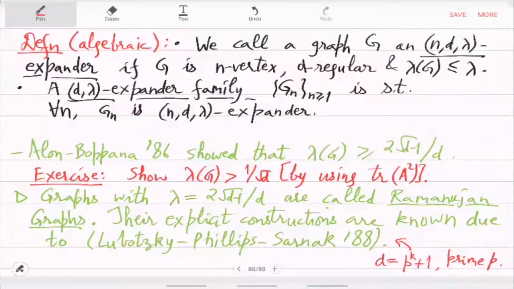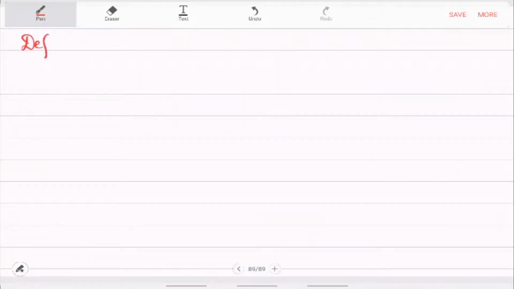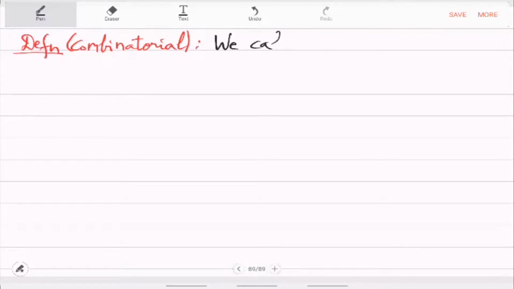Instead, what we will do next is define expanders combinatorially. So the combinatorial definition of an expander is, we'll call these now, instead of expander, we'll use the term edge expander.